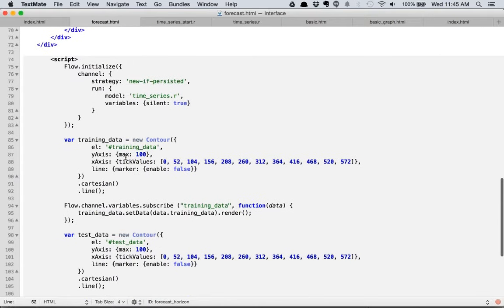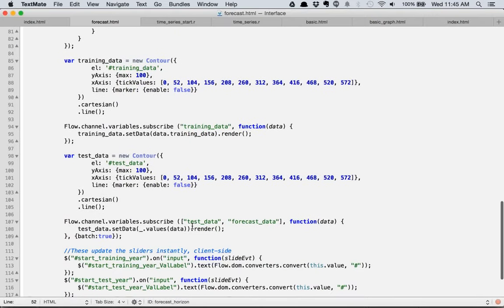So here's, for example, my real combination of test data and forecast data in the final version that I created. And you can see here I used a max value of 100 for the y-axis. I've also said I want tick values to occur every 52 weeks. So I prefer that so I can see what's happening from year to year. I also removed the marker by saying marker enable equal false on the line, and that removes that.